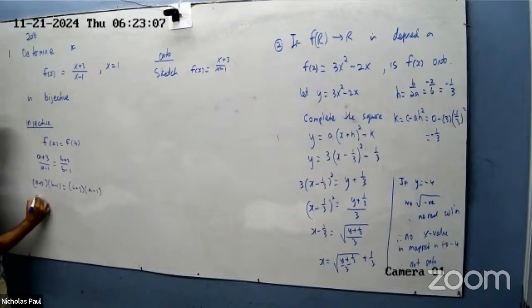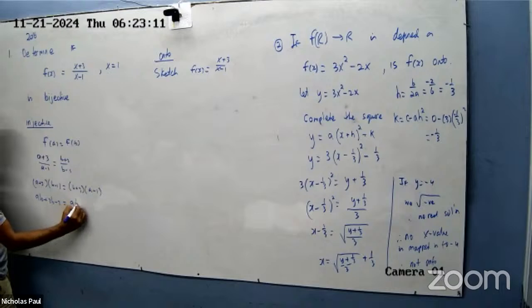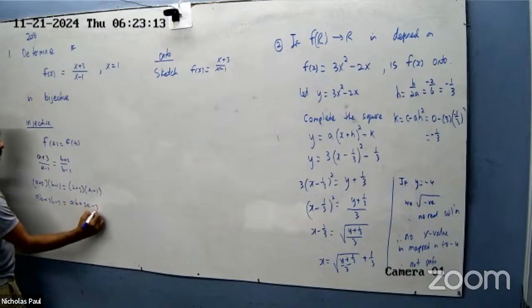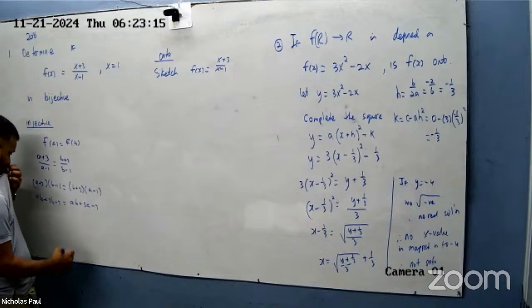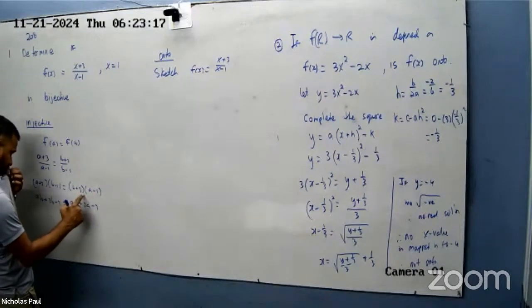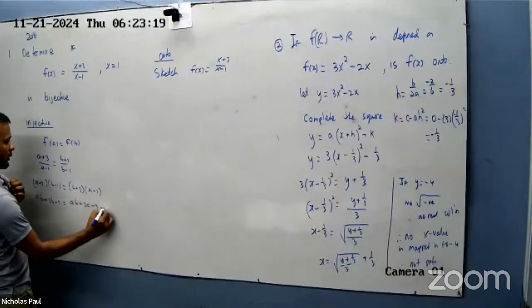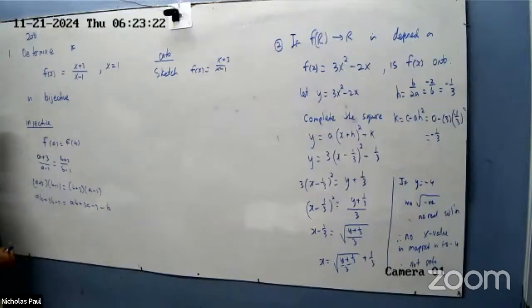So I have ab plus 3b minus 3, ab plus 3a minus 3. Minus b, sorry. Right, this will cancel, minus 3 will cancel. Bring the a's on, I'm missing an a and minus a here, sorry.